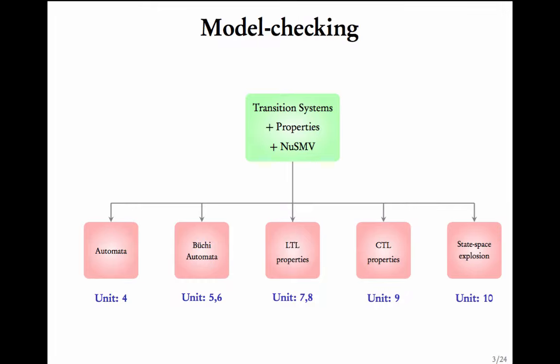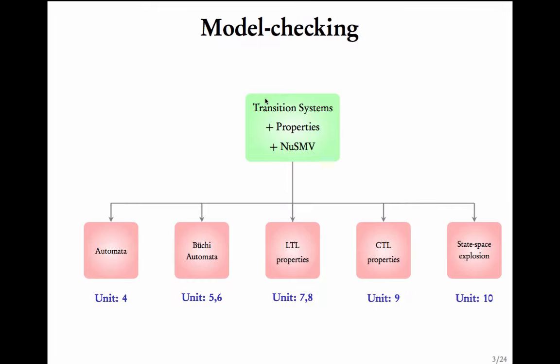A short recap of what we have seen in this course. Model checking is essentially modeling systems as finite state machines and modeling requirements in a formal language and using automatic tools to check properties against these finite state machines.